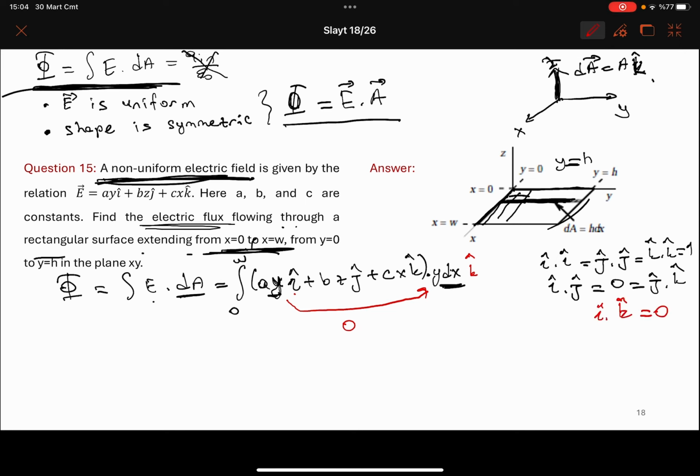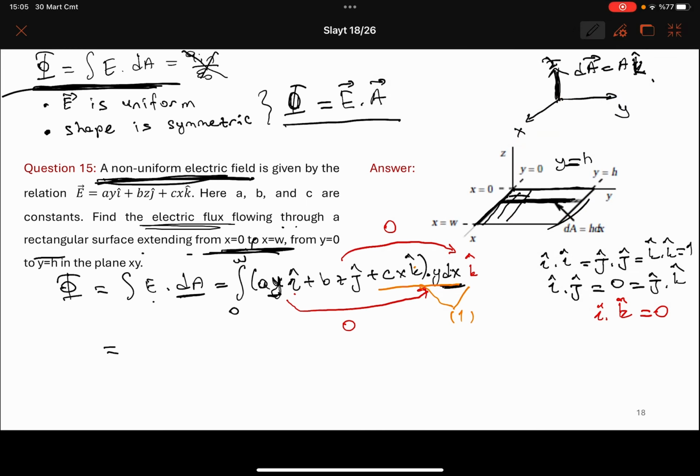And when you multiply the j term by k, of course it gives 0. So finally, you will just have this part, because k multiplied by k gives 1. Okay.